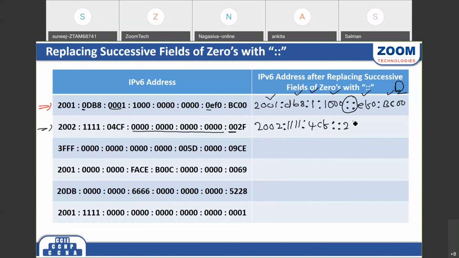You can write it as 2F. And if you assign this IPv6 address to a device, now the device understands 1, 2, 3, 4 fields have been assigned. Remaining 4 are missing. So where we have a double colon, there we have 4 fields of zeros available. Okay. You can take a screenshot of it and practice the remaining 4 addresses.